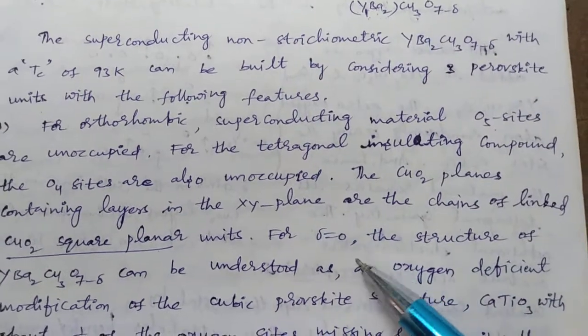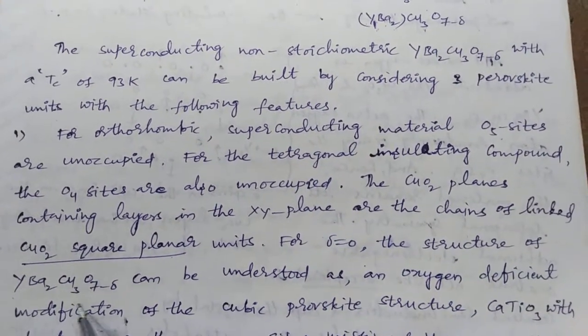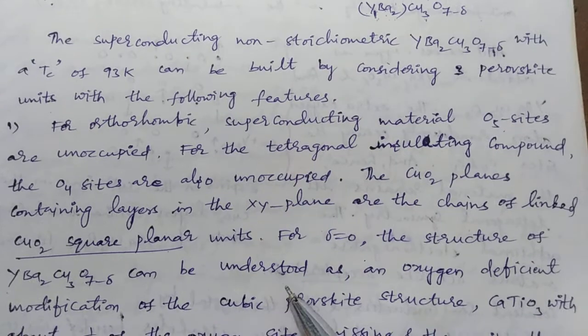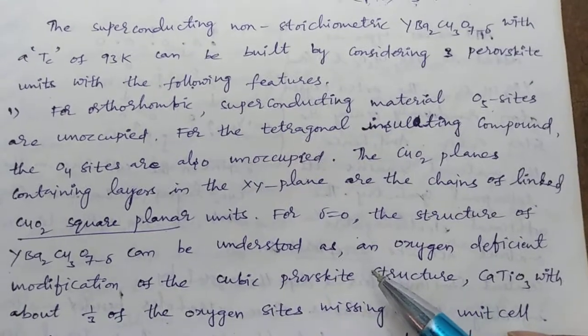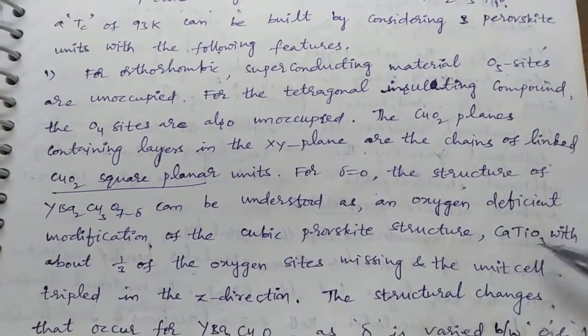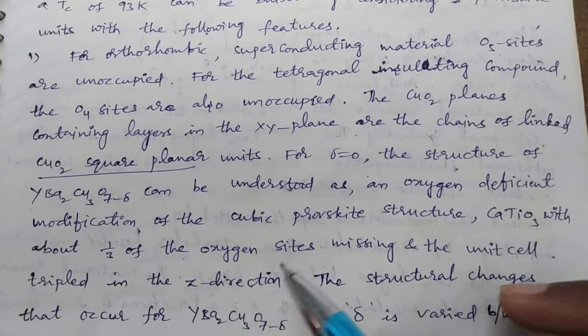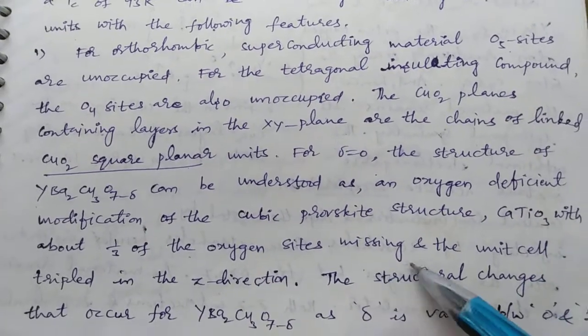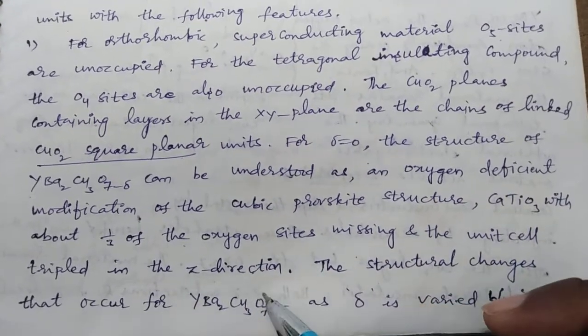For delta equal to 0, the structure of the YBCO system can be understood as an oxygen deficient modification of the cubic perovskite structure, calcium titanium oxide, with about 1/3 of oxygen sites missing and the unit cell tripled in the Z direction.